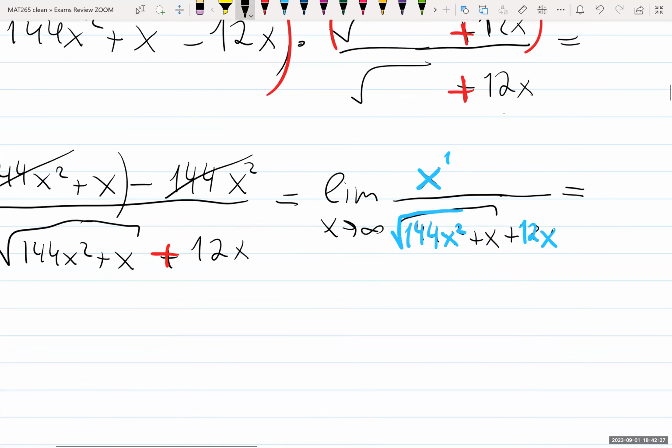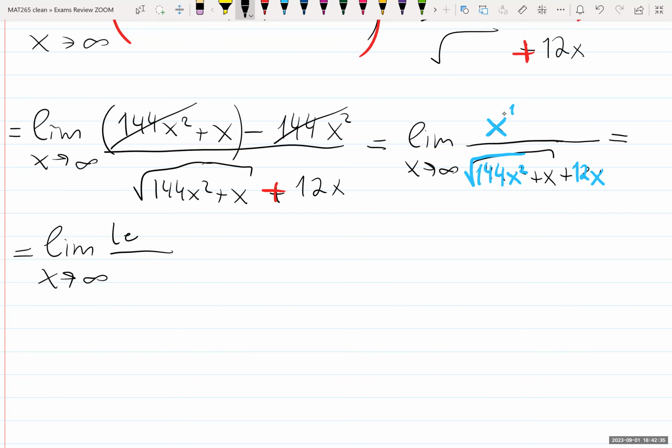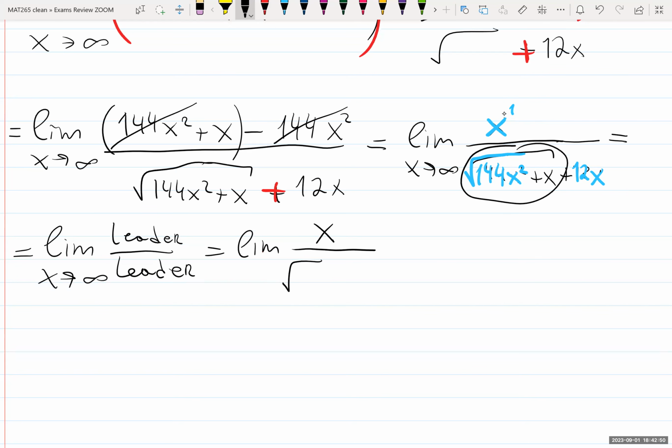It's actually legal to write down an equal sign: when you compare polynomials, it's legal to write down leader over leader. And the leader is the x with the highest power. So I will have just the leader of the square root. The square root has a little tail over there, plus x, but we don't care about that.